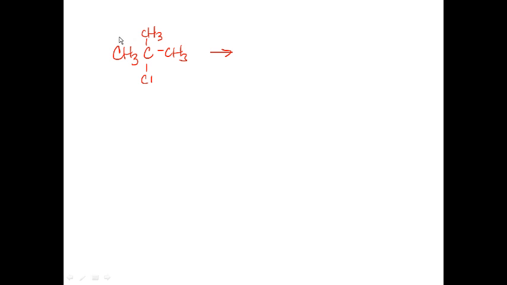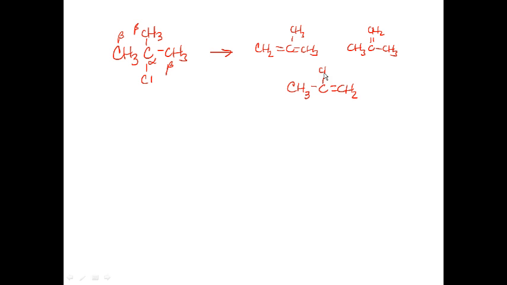Because it turns out that there's 3 beta hydrogens, and so there's 3 sets of beta carbons, but it doesn't matter what my elimination product is, whether it's the CH2 bonded on this side, or whether it's the double bond to the CH2 on top, or whether it's the CH2 that's double bonded to the right.